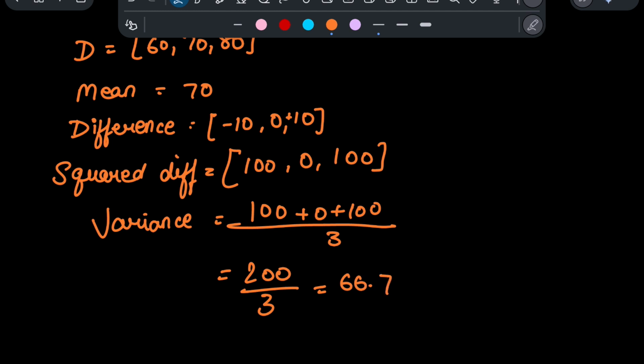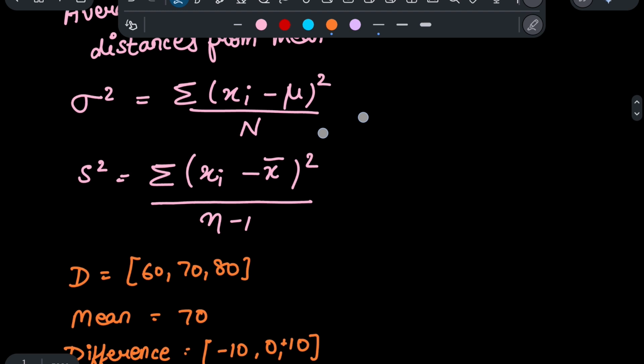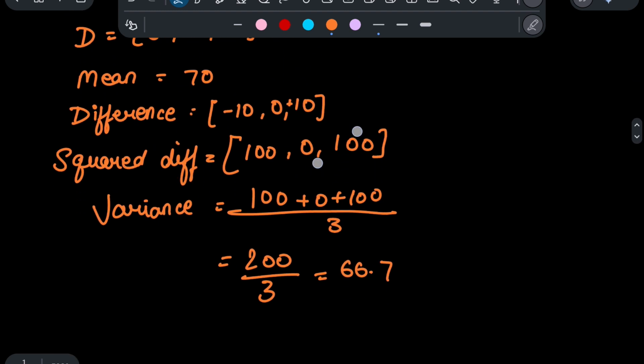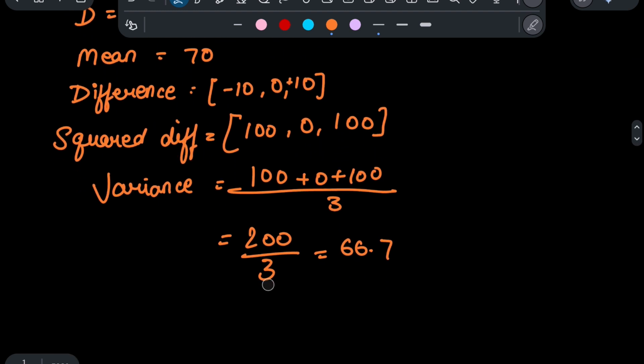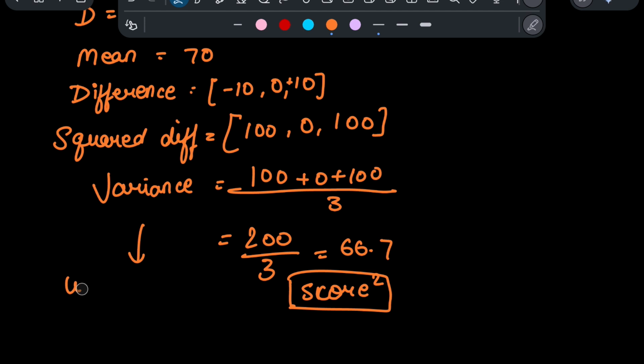So variance is just the average of the squared distances from the mean. Variance is in squared units, so its unit would be score square, because the unit of variance is squared units.